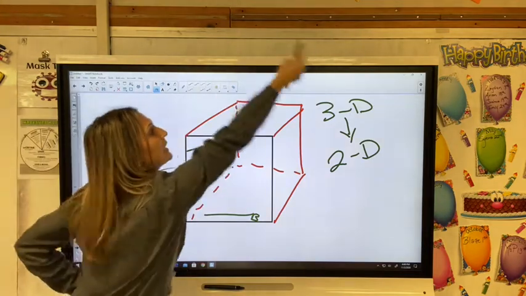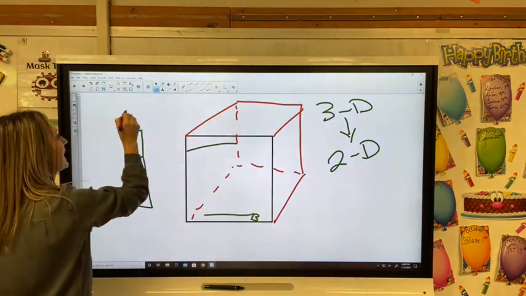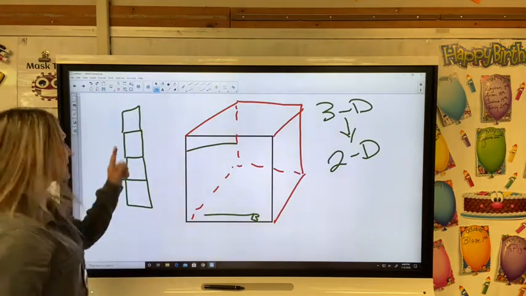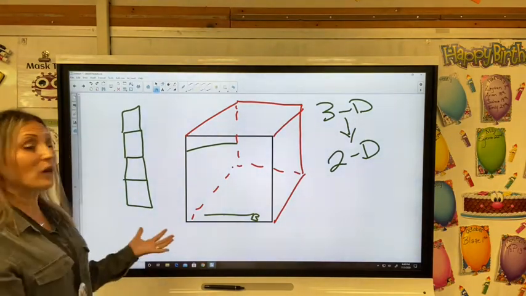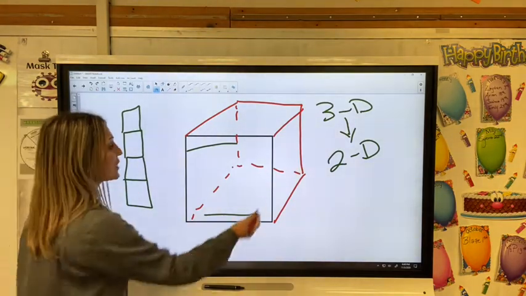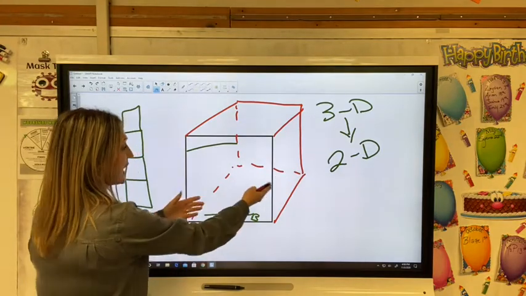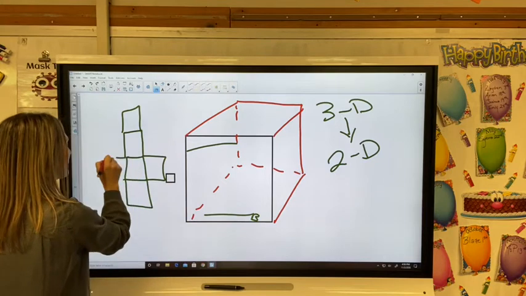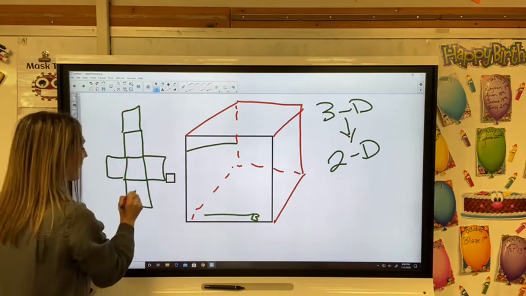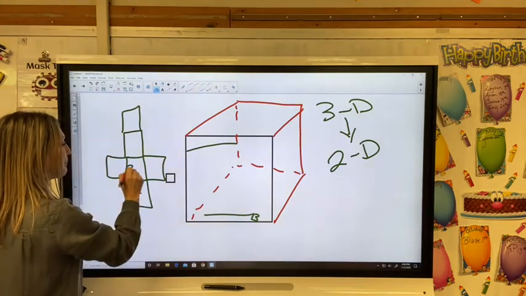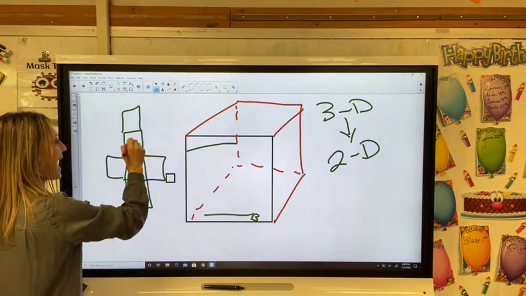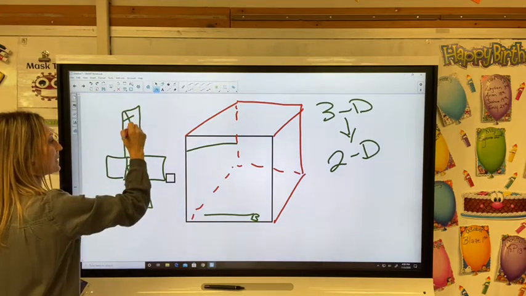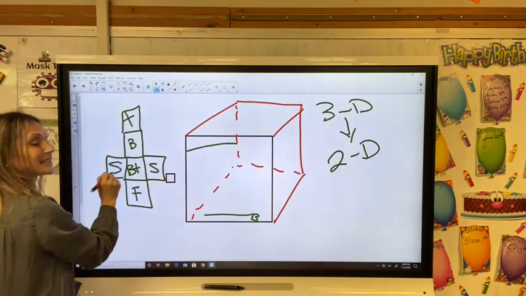And the top is going to fold over and be added to the back side of the box. Well, the only thing I don't have left, sixth graders, are the sides and the sides. So I'm just going to have them drop down right beside the bottom here. So this is my front, my bottom, my back, my top, my side, my side.